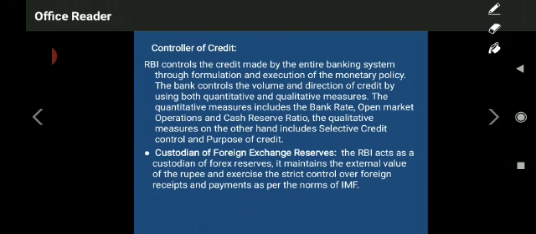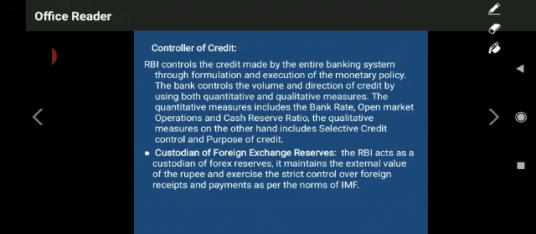Monetary policy includes the bank controlling the volume and direction of credit by using both quantitative and qualitative measures. The quantitative measures are bank rate policy, open market operations, and cash reserve ratio. It is also called variable reserve ratio, VRR, or CRR.